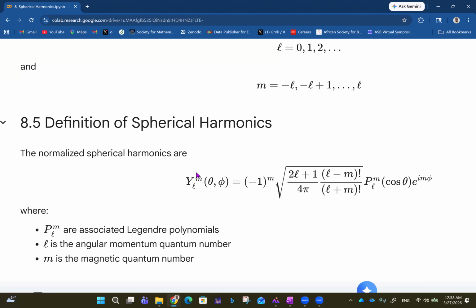The normalized spherical harmonics would then be Y sub lm of theta, phi equals (minus 1) to the power m, times the square root of (2l plus 1)(l minus m)! over 4 pi (l plus m)!, times P sub lm of cos theta, times e to the i m phi, where P sub lm are the associated Legendre polynomials, which we saw in the last video. l is the angular momentum quantum number, and m is the magnetic quantum number.